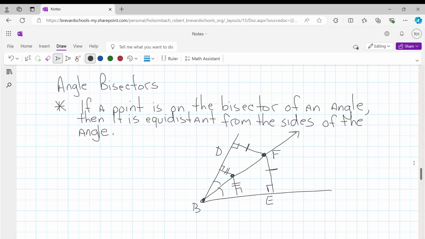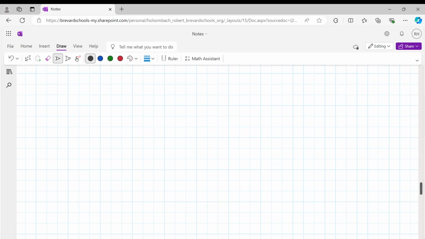All right, and then there's a converse of that theorem.